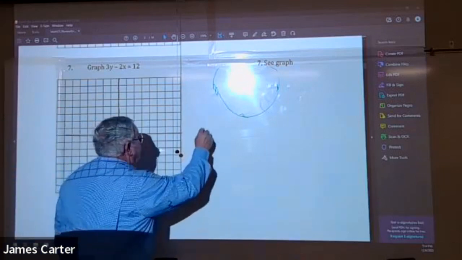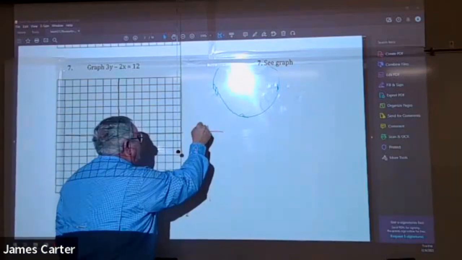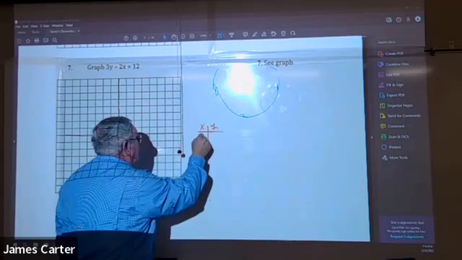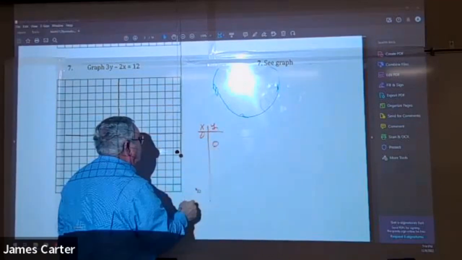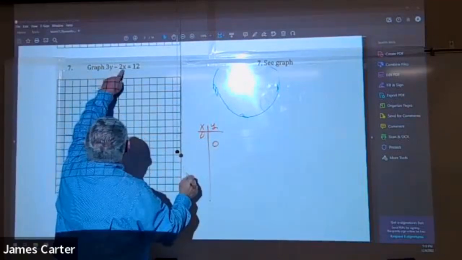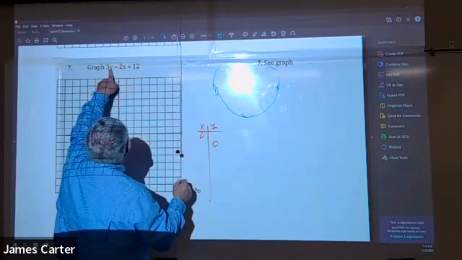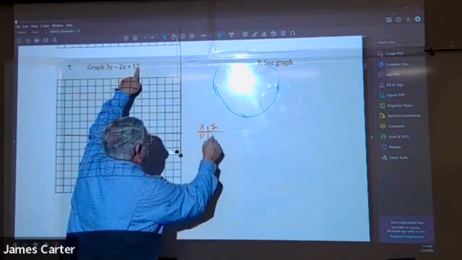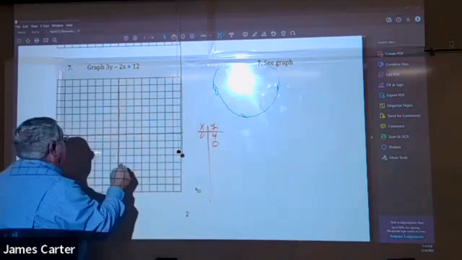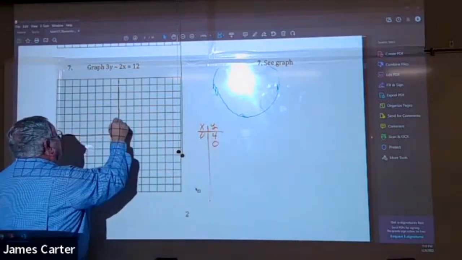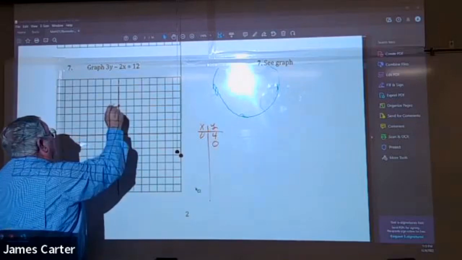So if we do that, let x be 0. If x is 0, then that wipes out this whole thing. So 3y equals 12, y equals 4. So we've got the point 0, 4.